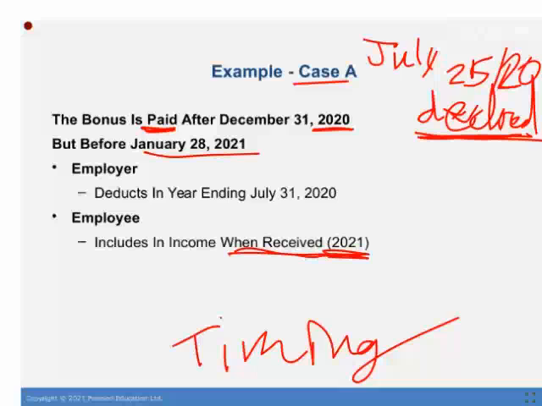That's what that little chart in the text is, called figure 3-1 bonus arrangements. That one is what you're going to want to see.